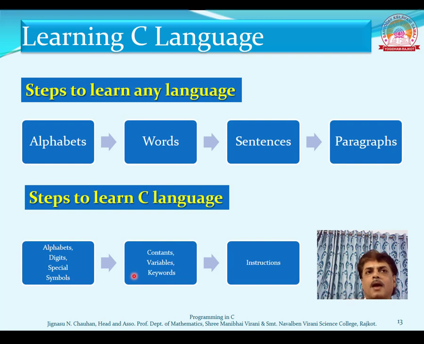Once we have learned the alphabets, digits, special symbols, constants, variables and keywords offered by the C language, we will be able to write various instructions to be written in the program, and the step by step procedure translated into instructions written in the C language, rather an algorithm written using instructions in the C language, is called the C program.